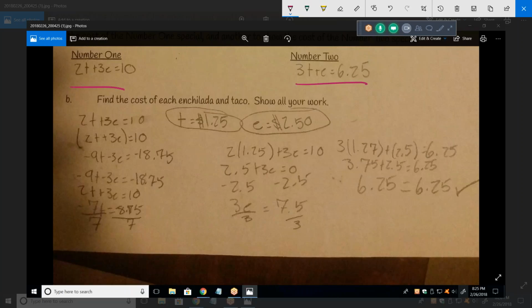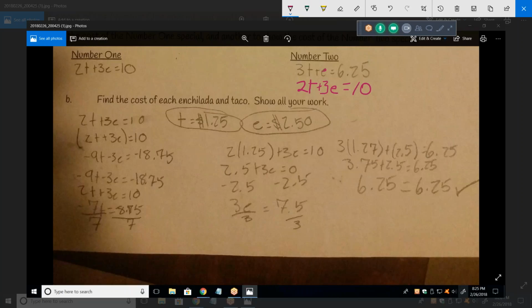In fact, it's in very standard format, where both variables are on the left side, a number is on the right side. That's standard format. So when you solve standard format by elimination, you put the two equations under one another. And it doesn't matter whether it's 1 and 2 or 2 and 1. Okay? It really doesn't at all.